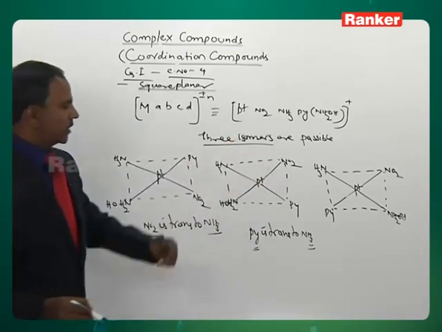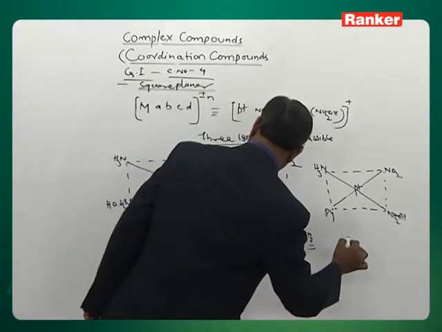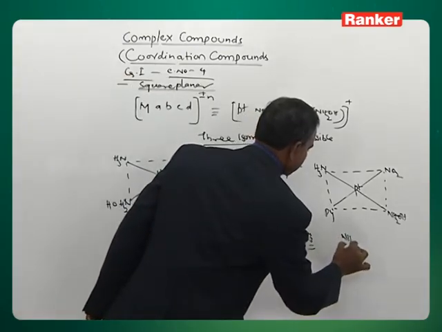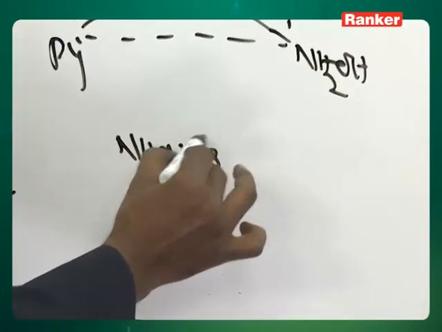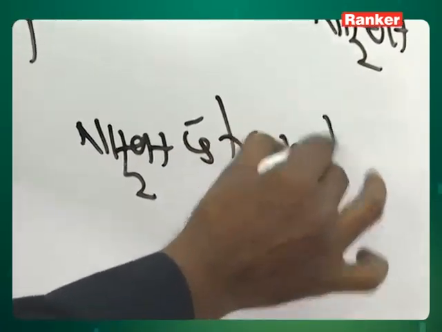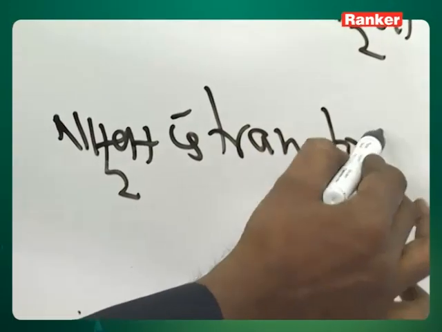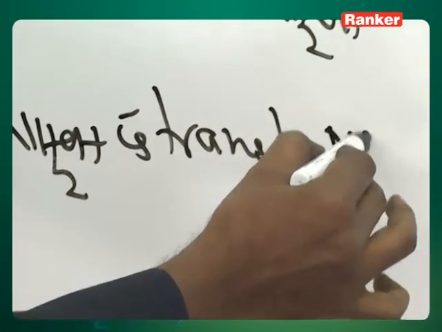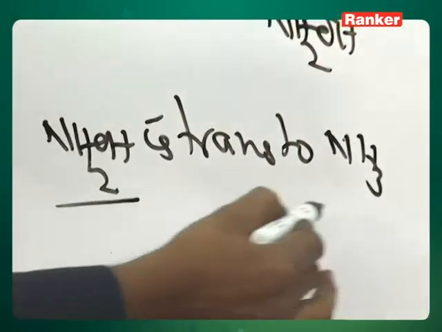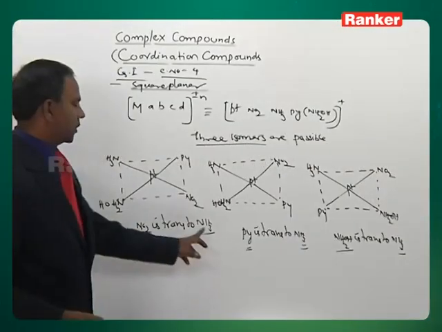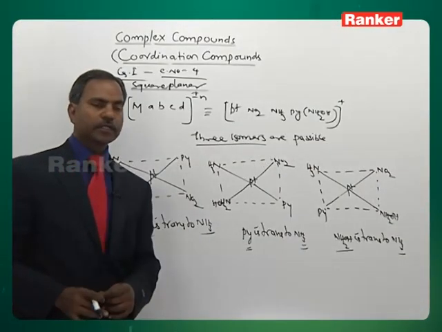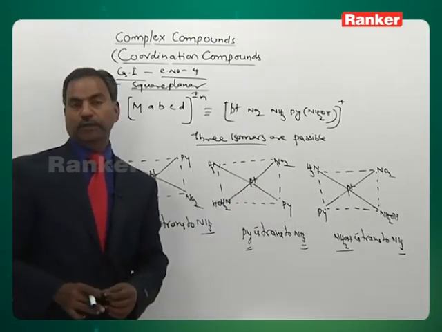What is this complex now? NH2OH is trans to NH3. See, in the first one NO2 is trans to NH3, in the second Py is trans to NH3, and in the third NH2OH is trans to NH3.